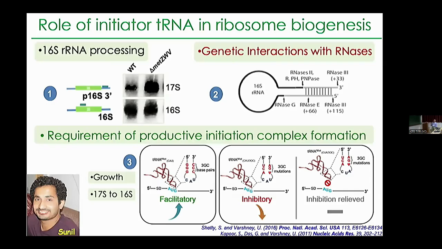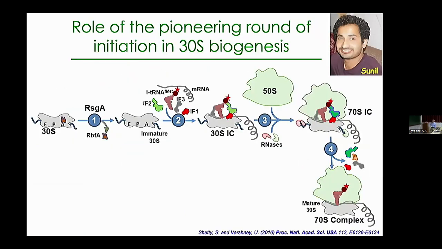It actually compounds the problem. There is inhibition in the growth. And if he now takes the same tRNA but changes the anticodon to CUA such that it will not pair with this AUG, the problem is relieved. So again, he showed that the process of initiation itself is involved in this ribosome biogenesis issue.